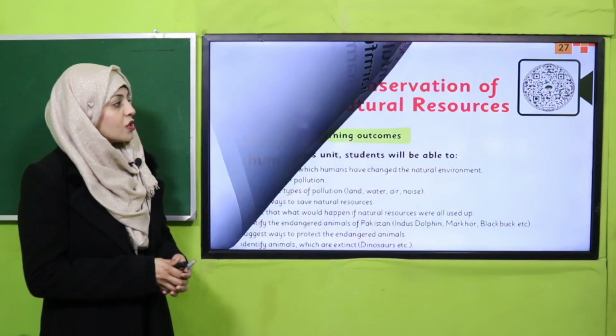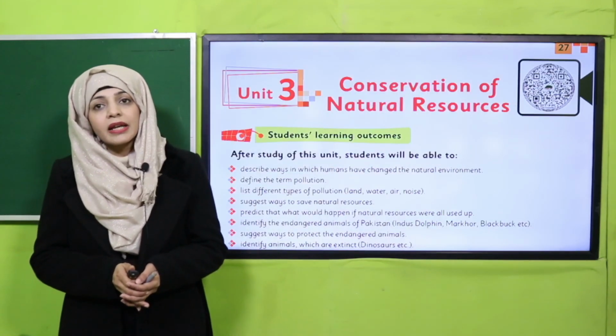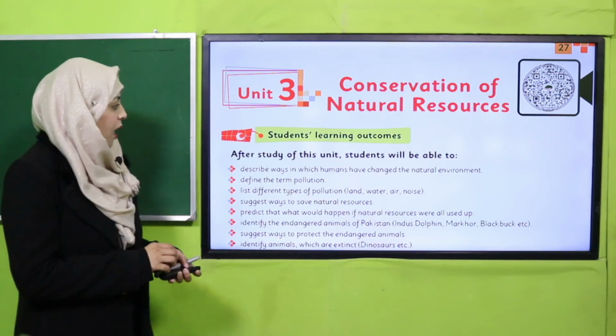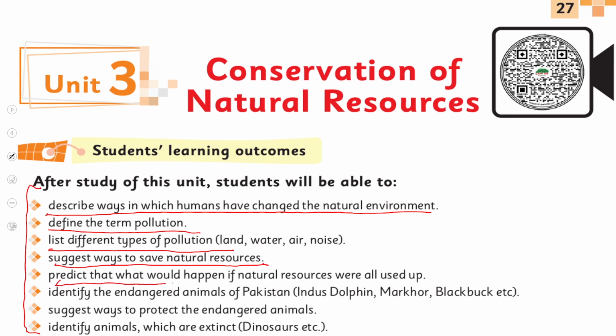So my dear students, now let's move forward towards page number 27, where all the student learning outcomes are given. So we have covered all of these. All the students described ways in which humans have changed the natural environment. They defined the term pollution, listed different types of pollution, suggested ways to save natural resources, predicted what would happen if natural resources were all used up.